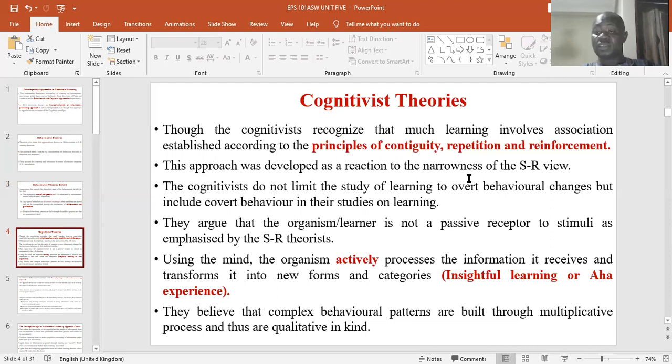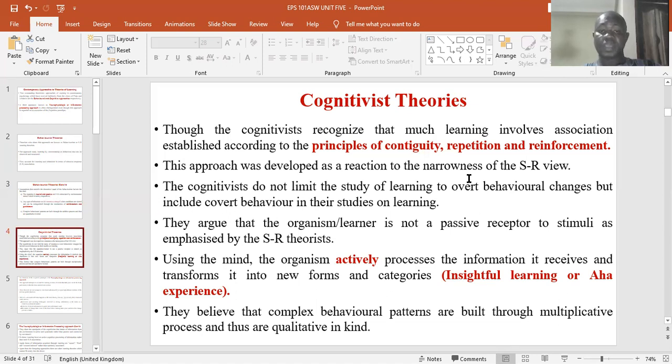So for instance, your thinking, your reasoning, your feelings, all come to the place of the cognitivist. How do you know someone is understanding something? How do you get to know someone is attending to you? How do you know someone is thinking about situations? But before someone learns, he or she must at least think about situations before he takes an action. And that's the tenet of the cognitivist.